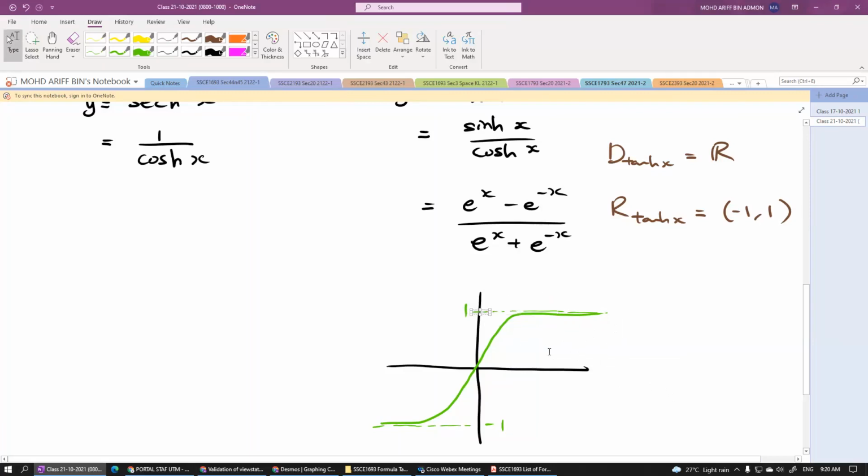So this remains 1 to 1, because if you take one value of y, for example 0.5, there is just one x, and for y equal to negative 0.6, another x. They do not have two values of x for one y, so this is still 1 to 1. If it is 1 to 1, no problem, you can get your inverse function, the inverse graph, directly.